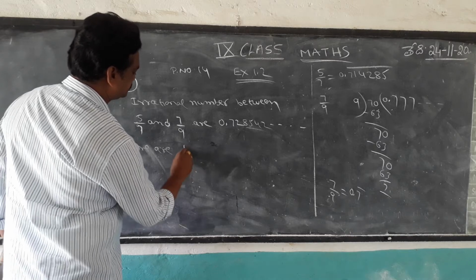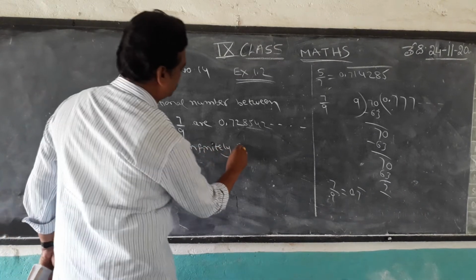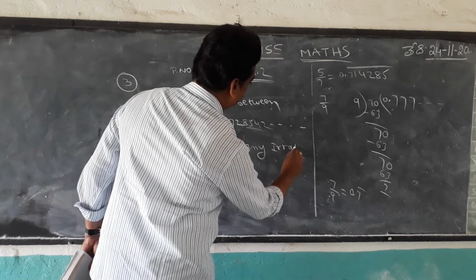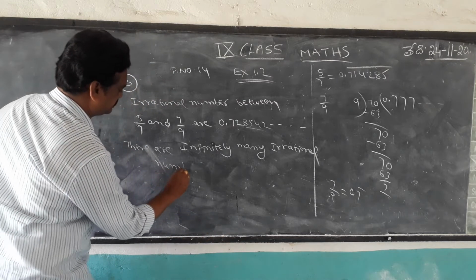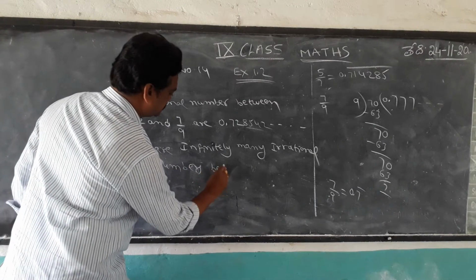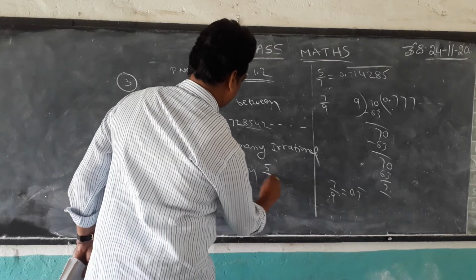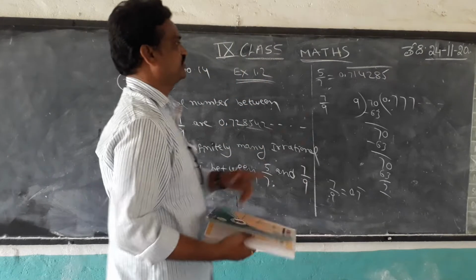Therefore there are infinitely many irrational numbers between 5/7 and 7/9.